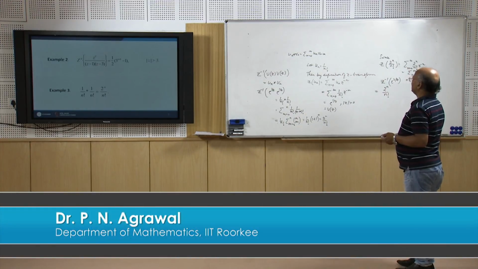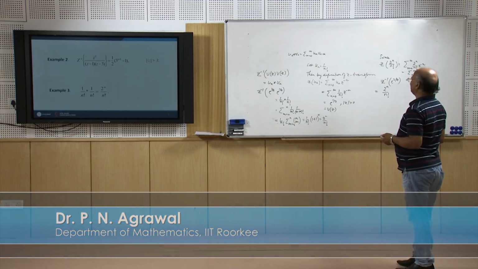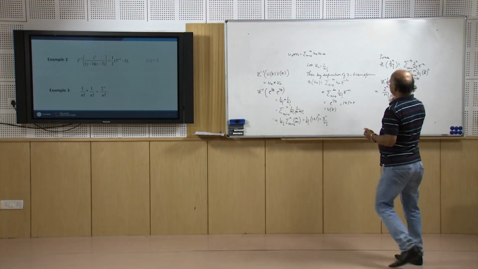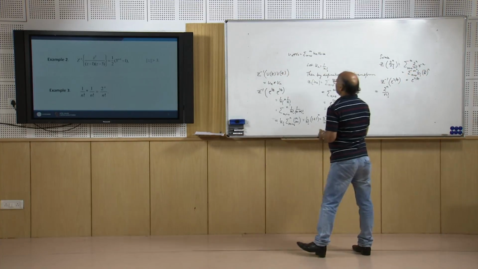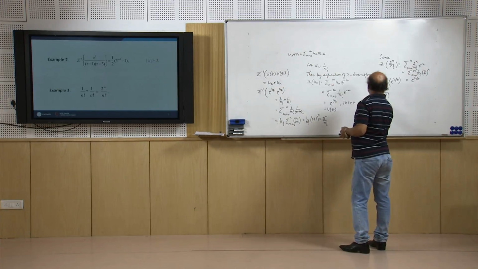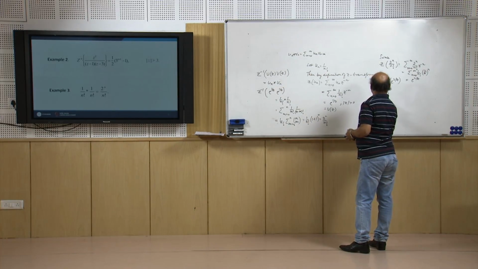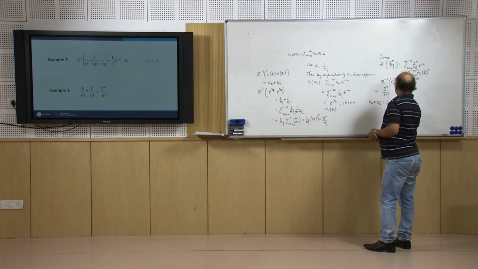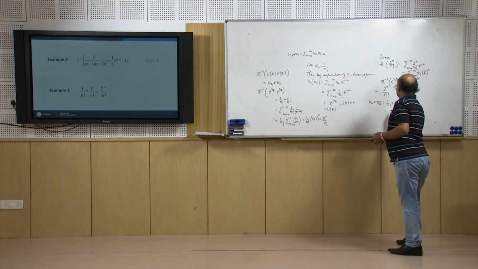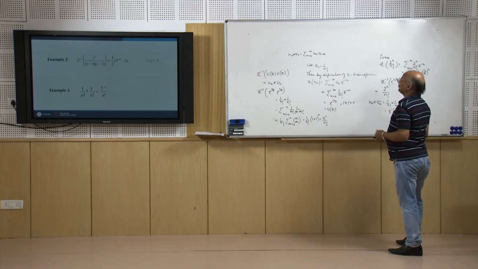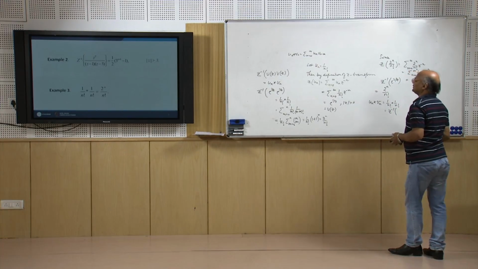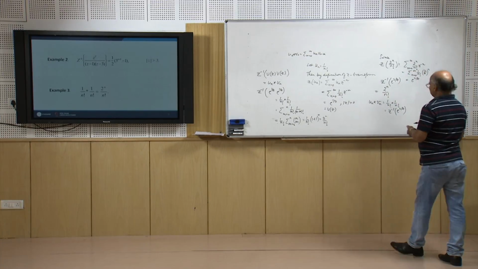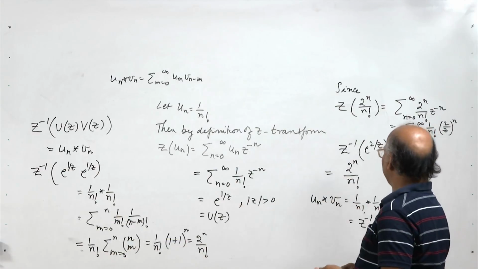From the inverse Z transform, when we apply inverse Z transform here, rather we can see that Z inverse of un star vn is 1 by n factorial star 1 by n factorial, that is Z inverse of Uz into Vz, which is e to the power 2 by Z, and Z inverse of e to the power 2 by Z is nothing but 2 to the power n by n factorial.